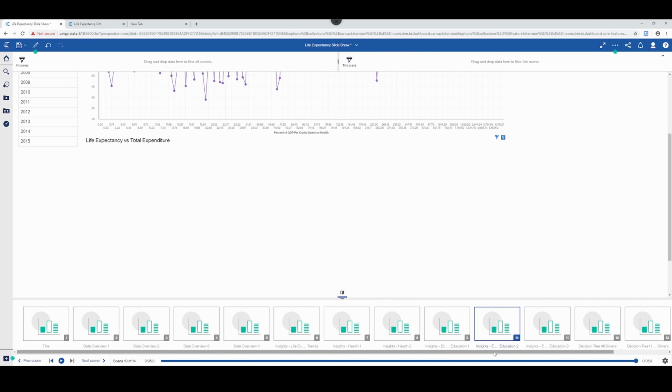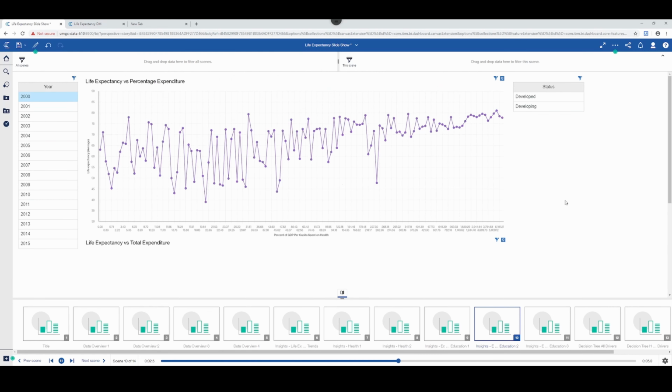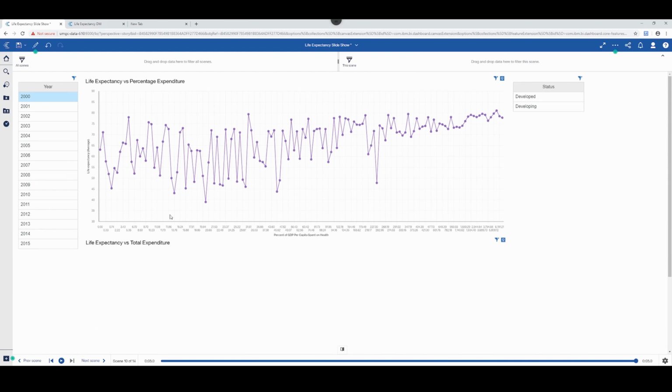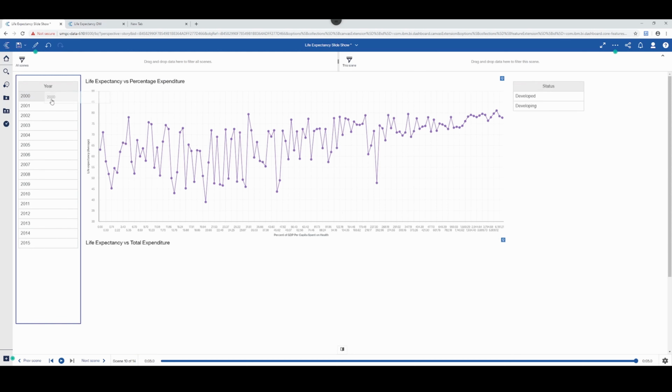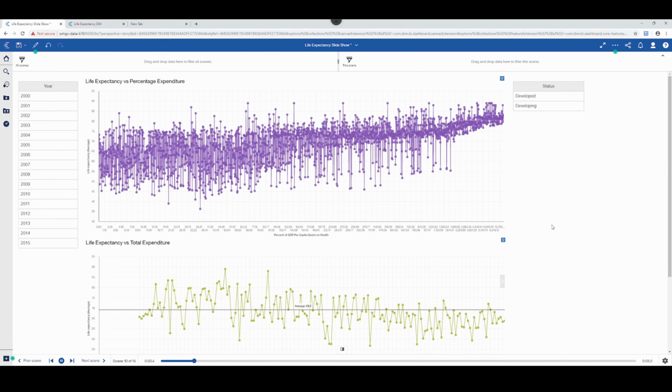This is more economic and education factors that have an impact on life expectancy. Let me unfilter that. Okay, so this is how much GDP per capita, or the percent of GDP per capita, is spent on health.